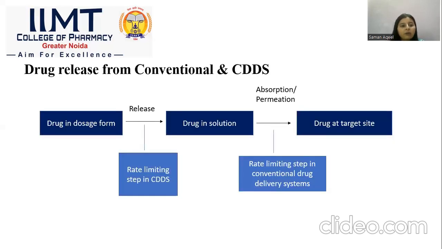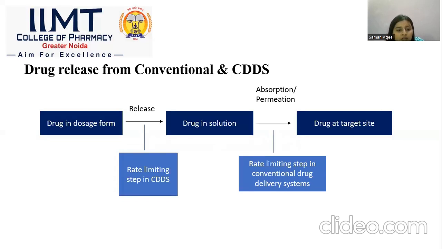Now, this is a diagram which shows the drug release from conventional as well as from controlled drug delivery systems. First, the drug is in the dosage form. After being released, it is in the solution form. And after the absorption and permeation, the drug goes to the targeted site.